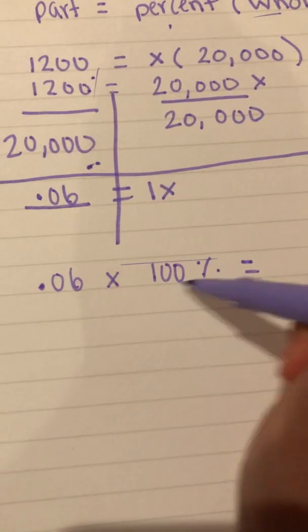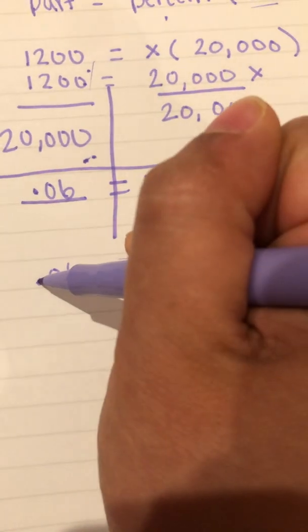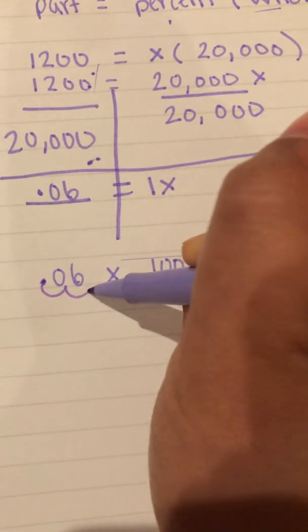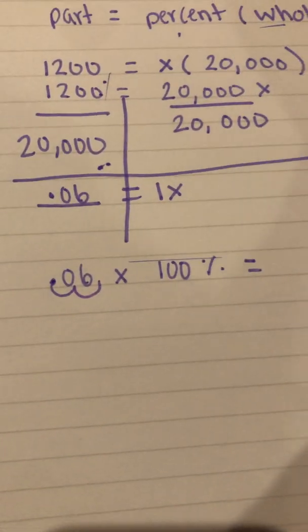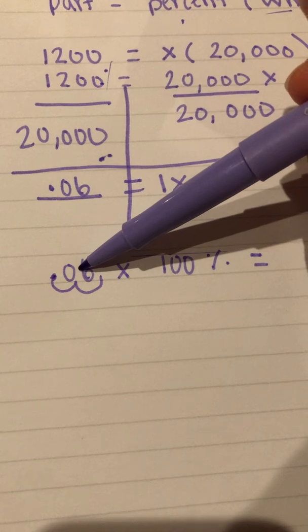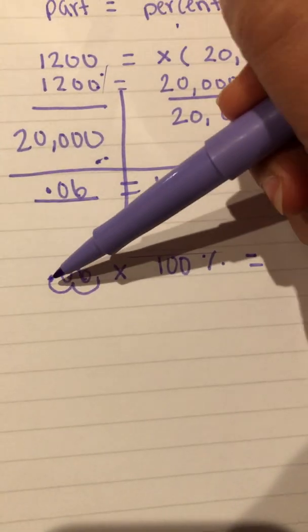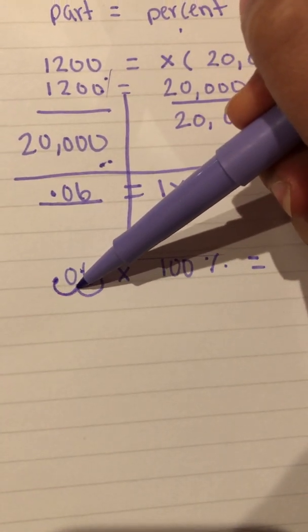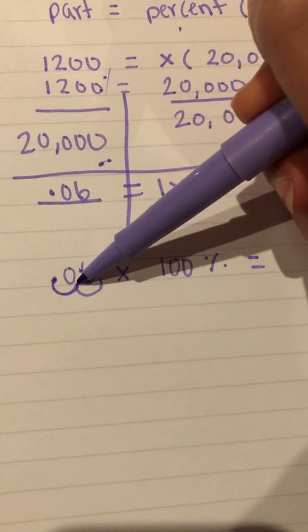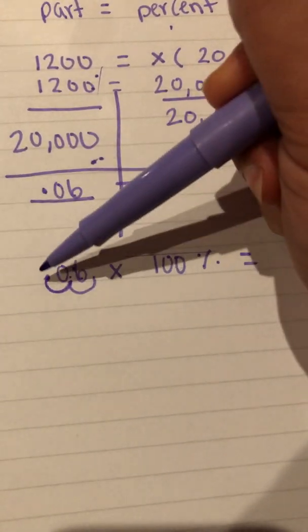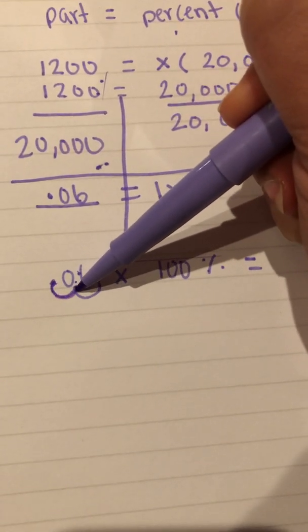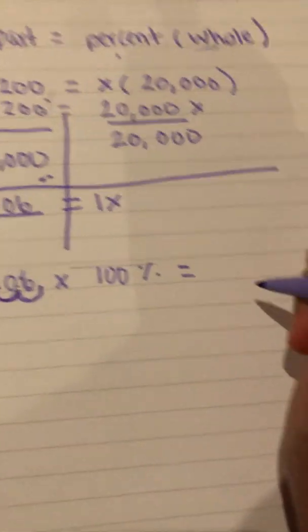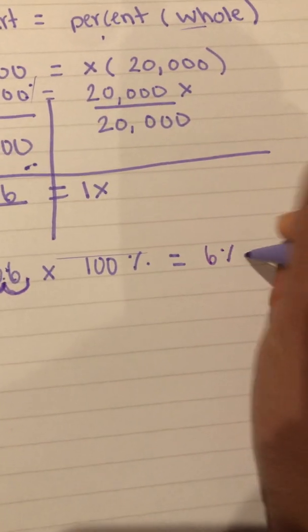And anytime you're multiplying by 100, the decimal place, remember, moves twice to the right for two reasons. Multiplying makes my number bigger. Second, anytime I multiply by 10, that moves the decimal place once. Because I'm multiplying by 100, this would be 10, 10, which means that is 6%.